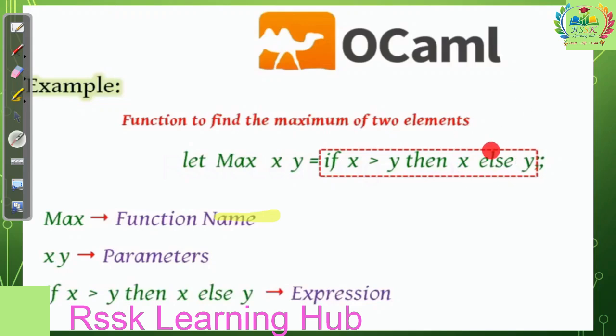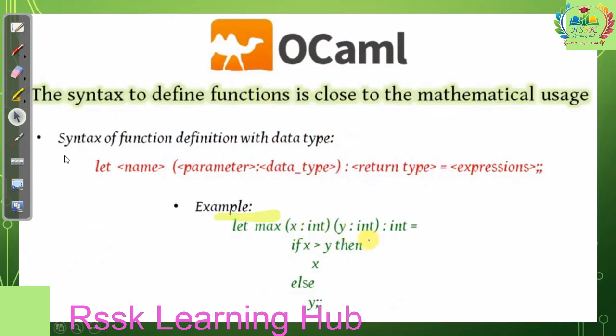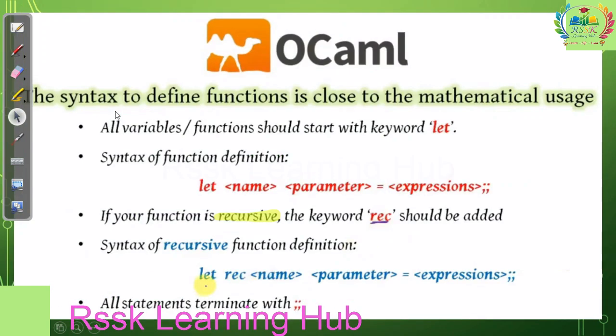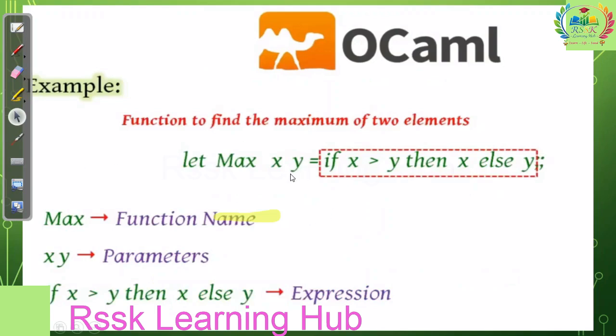Otherwise, that is the else part, else y, end with a double semicolon. Okay, now see this one. This is the function definition, without specifying any data types over here.